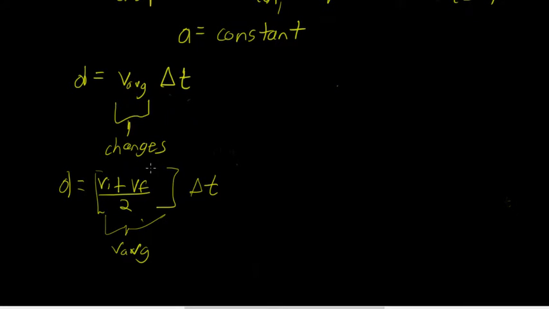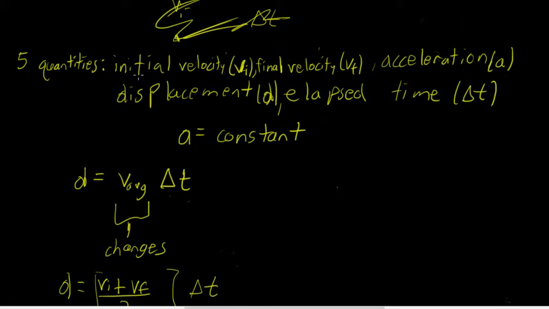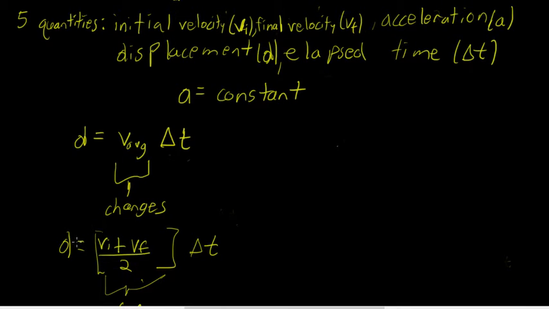And so we have 4 quantities here: displacement, initial velocity, final velocity, and time. All of the problems I mentioned earlier deal with 5 quantities: initial velocity, final velocity, acceleration, displacement, and elapsed time. But in any of the formulas that we're going to derive, you'll have 4 of these 5 quantities.